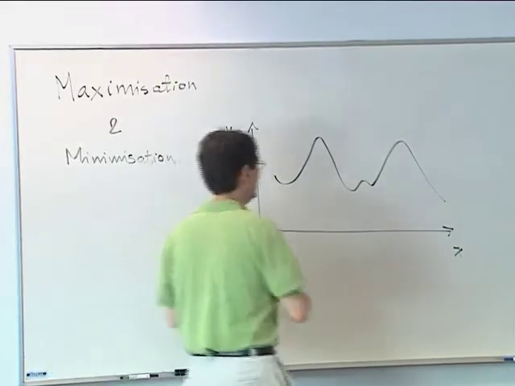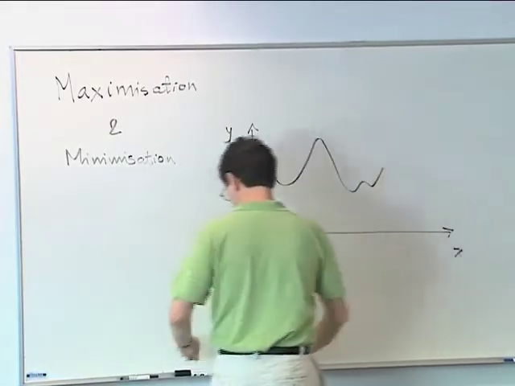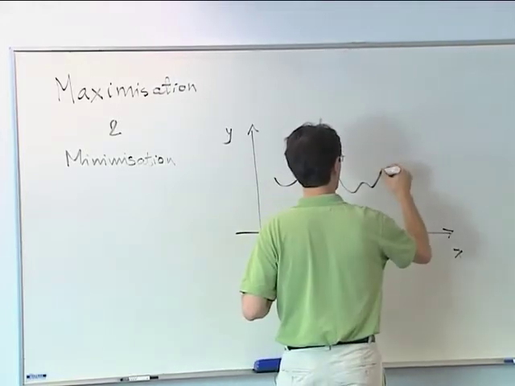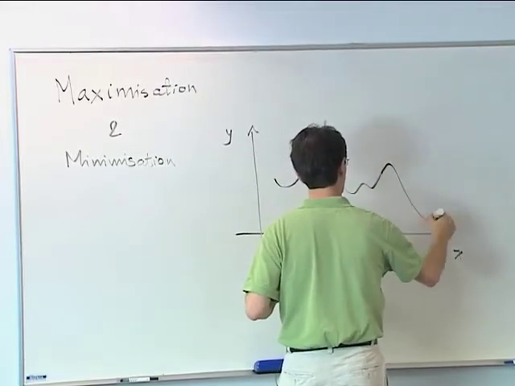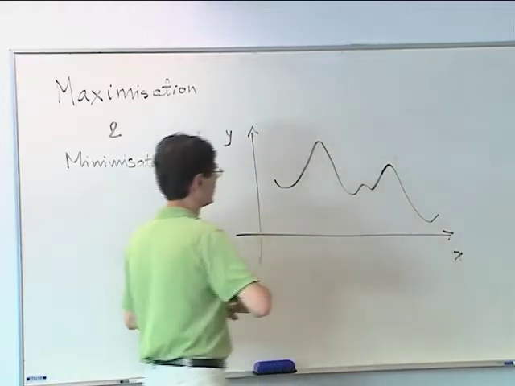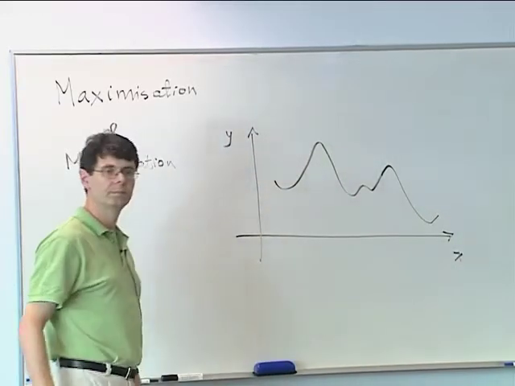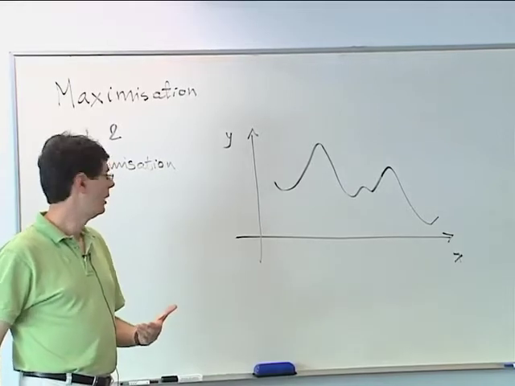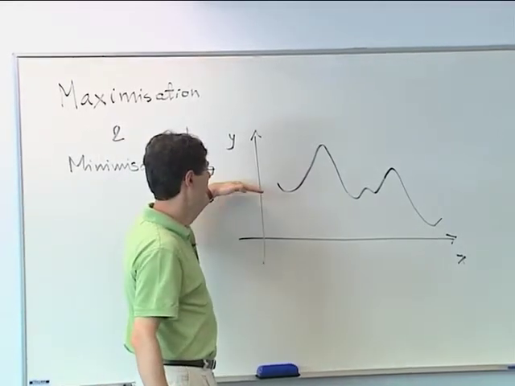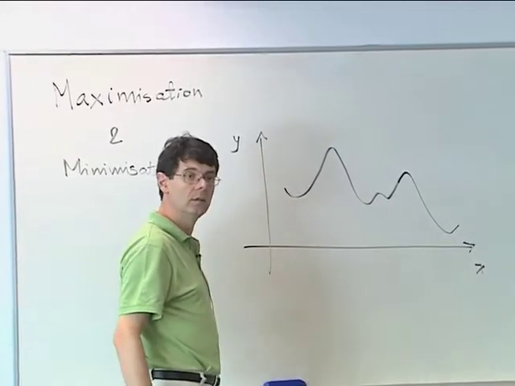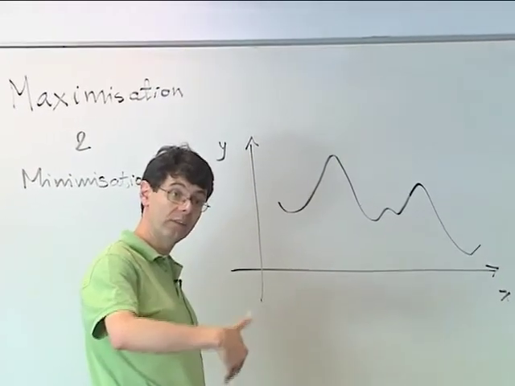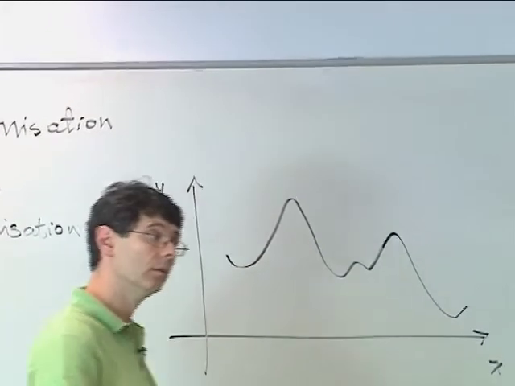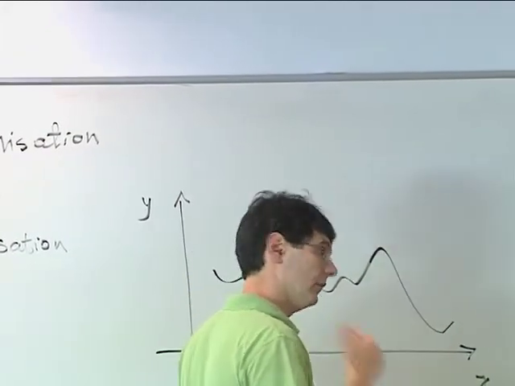Oh, bad picture. Let's choose a better picture. And what I want to do is maximize the quantity y for different choices of x. All right? That's what I want to do.